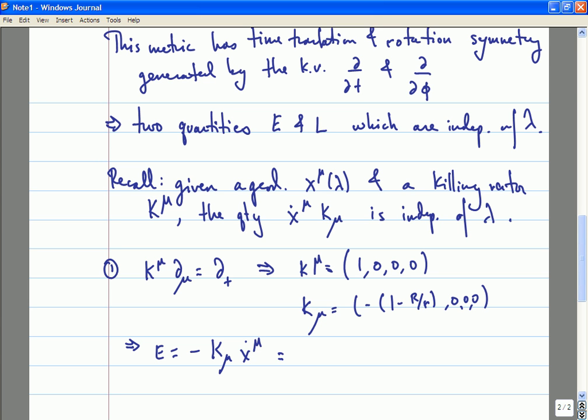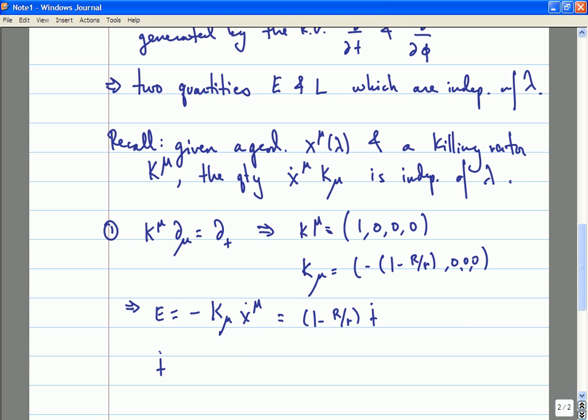This is 1 minus big R over little r times t dot. So I can solve explicitly for t dot in terms of r. t dot, which is dt by d lambda, is equal to 1 minus big R over little r, inverse, times a constant. That's just some constant of motion, which would appear as an integration constant if I wrote out the geodesic equations explicitly as second-order differential equations and started integrating them.